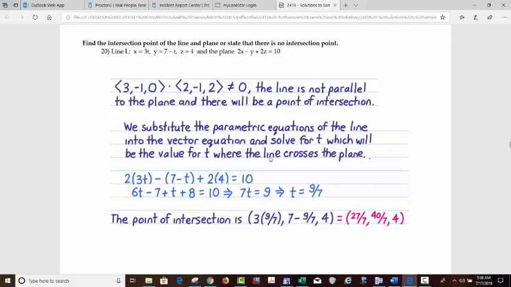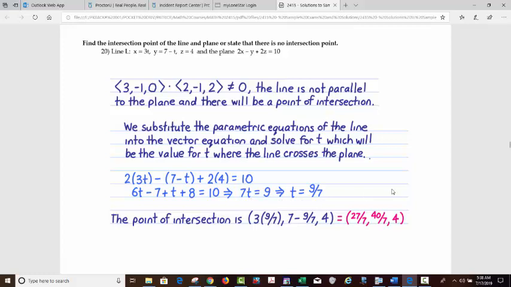You work this out pretty easy. 6t, so be careful with the negative: negative 7 plus t plus 8 equals 10. Solving for t, you get 7t equals 9, t equals 9 over 7.